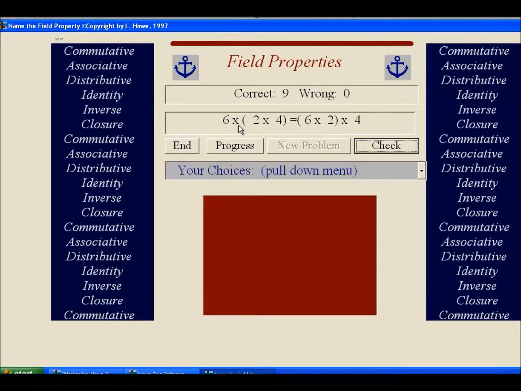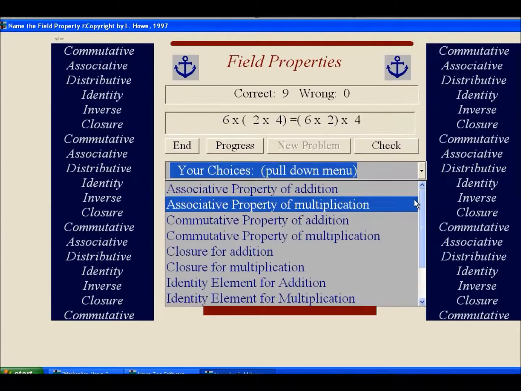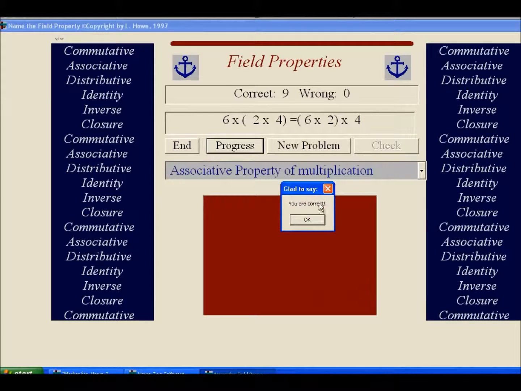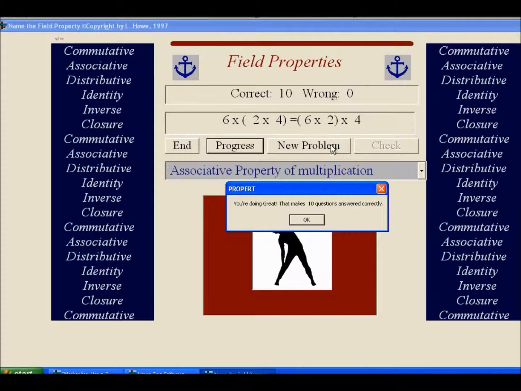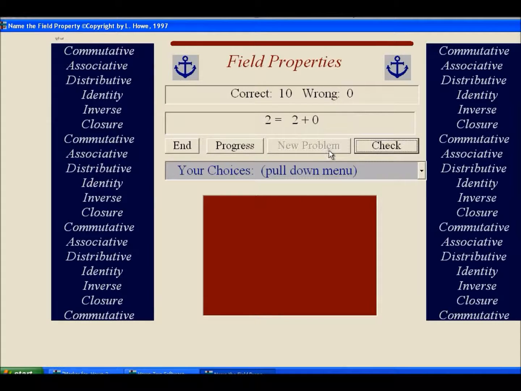Another associative for multiplication. Check, we win. Oh, we get this exercise, because we're so good. 10 questions are right. 2 equals 2 plus 0. 0 is a very special number.